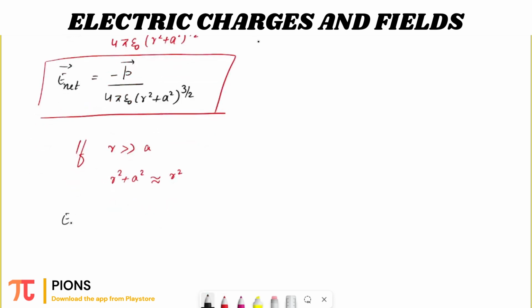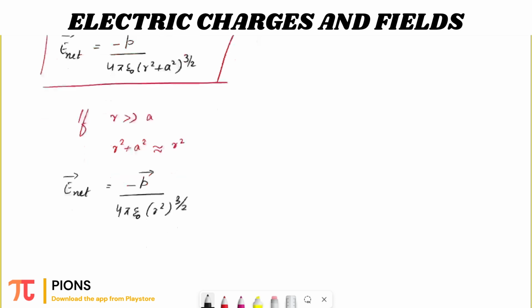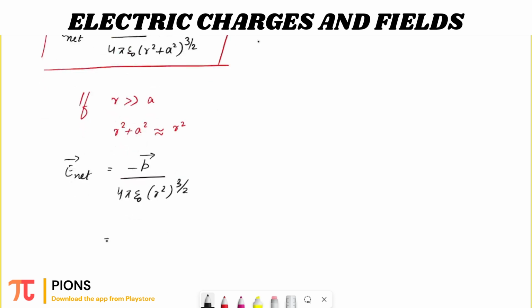So E net will be equal to minus P divided by 4 pi epsilon naught r square plus a square, that will be r square whole to the power 3 by 2, and that will be minus P divided by 4 pi epsilon naught, 2 cancels, r cube. So that's our E net for the equatorial plane.